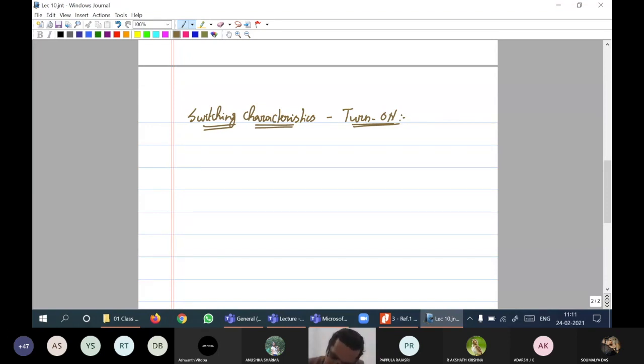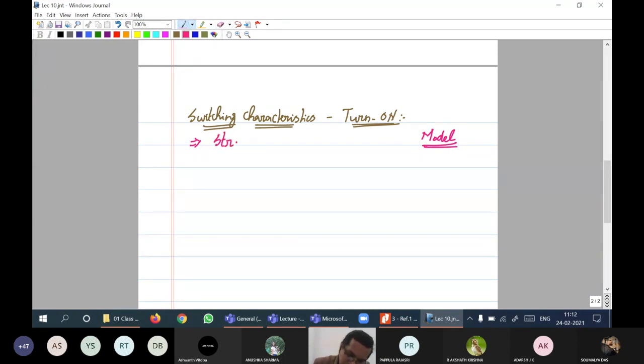Now, the structure or the symbol of a MOSFET, I'll draw the model of a MOSFET here. Before that, the point is capacitances. I should write stray capacitances.